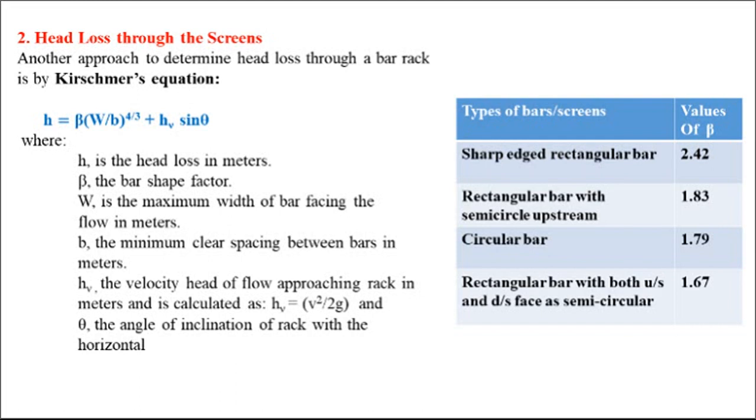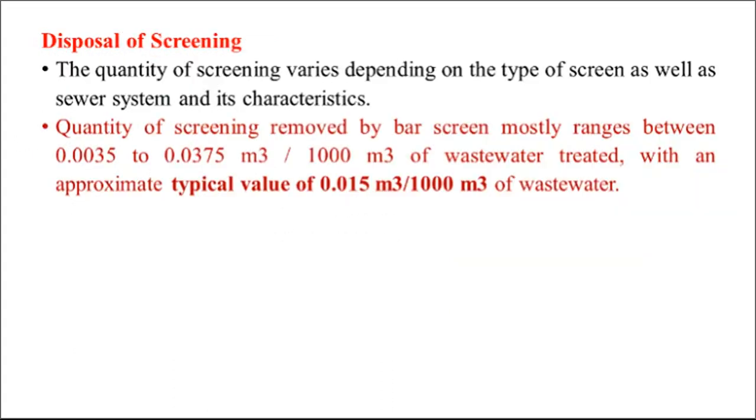Then circular bars, beta value is 1.79, and rectangular bars with both upstream and downstream face as semicircular, the beta value is 1.67.